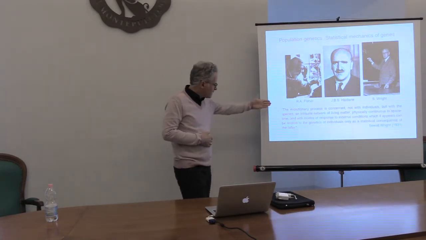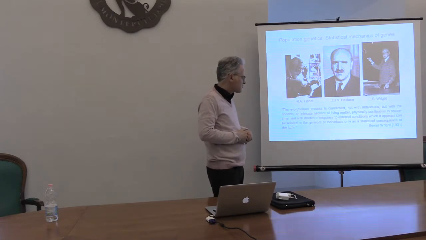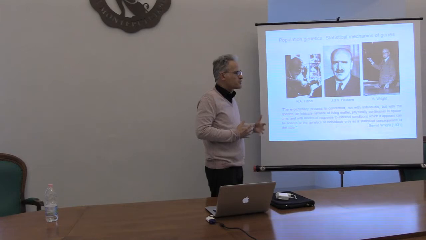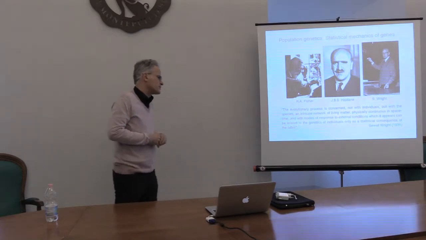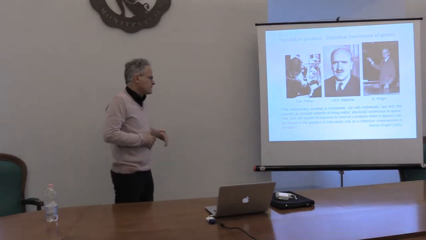And Sewall Wright formulated this in one of his papers very beautifully, which I think is a good description of what collective phenomena are about, and also in the spirit of what John Philippe was telling us before.